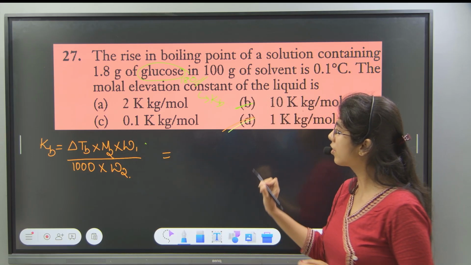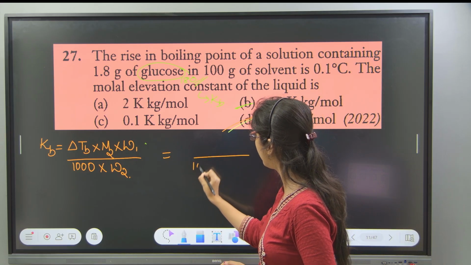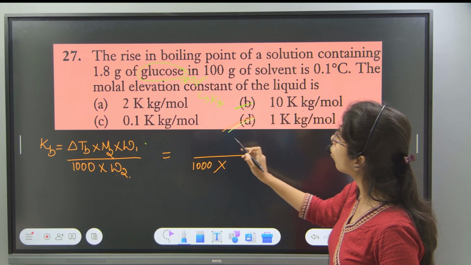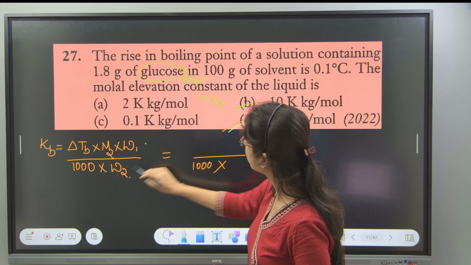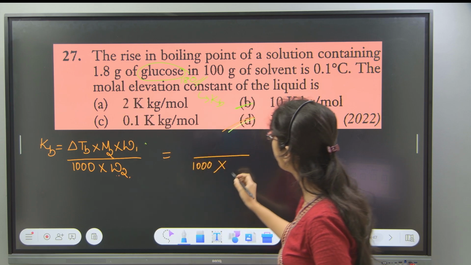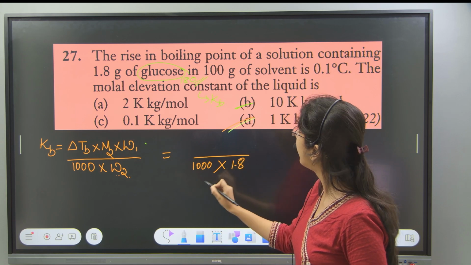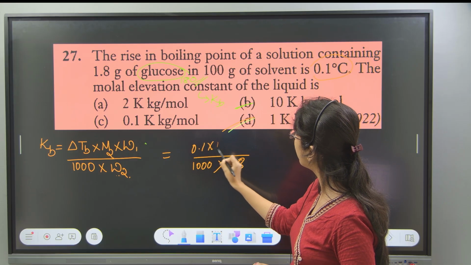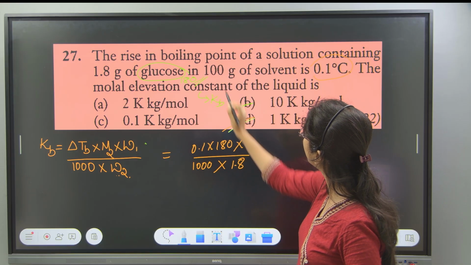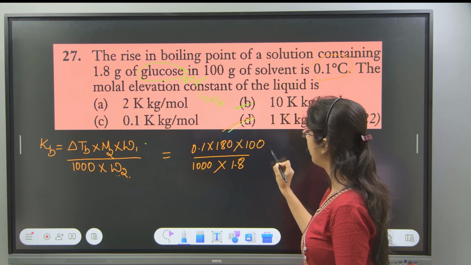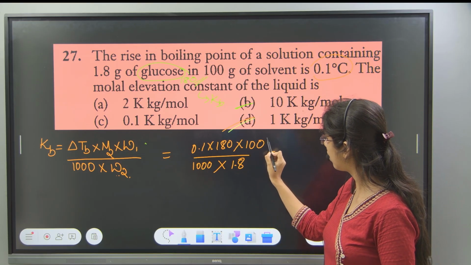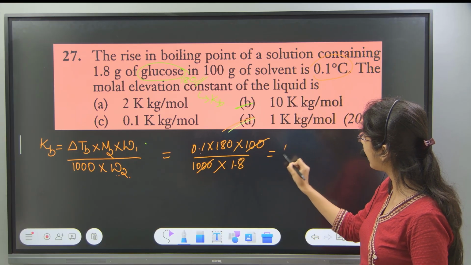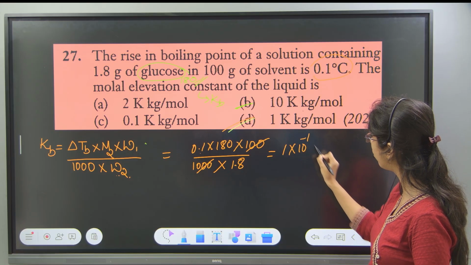So first of all, 1000 into the weight of solute. What is the weight of solute? 1.8 gram. And delta Tb they have given is 0.1, and the molecular mass is 180, and the solvent is 100. Now what shall we do? We shall cancel these two. And here, this 0.1, I can write as 1 into 10 power minus 1.